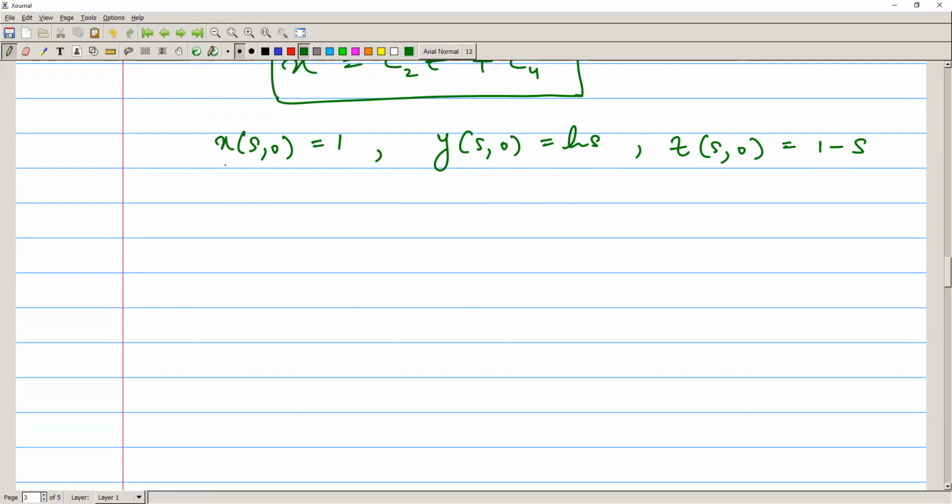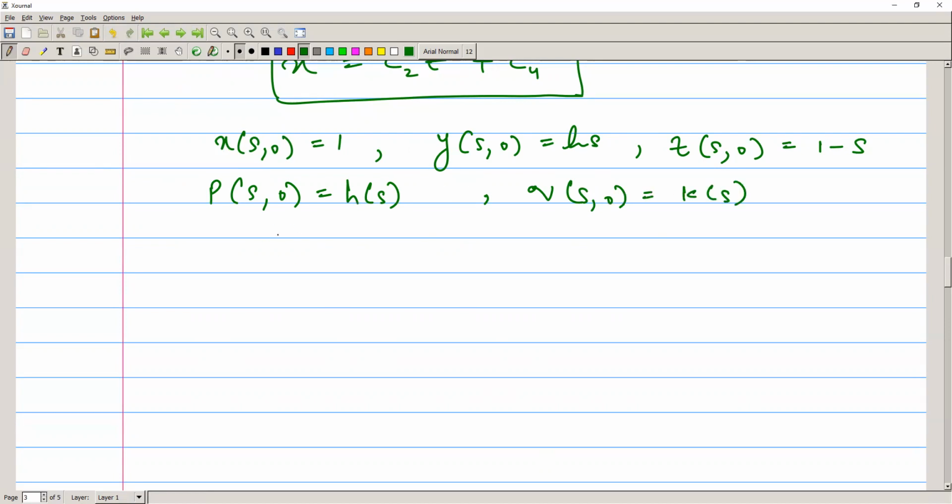But we need to find the other two conditions, for p and q. Let's say the condition for p is p of (s, 0) is equal to h of s, and the condition of q of (s, 0) is k of s.